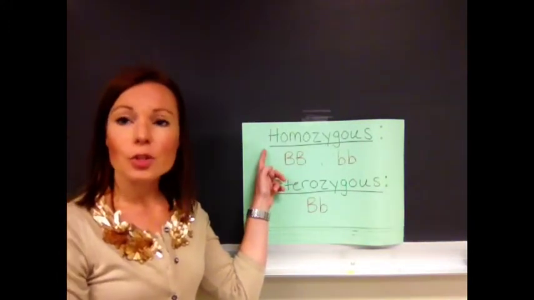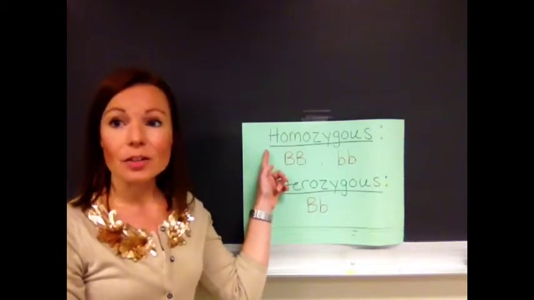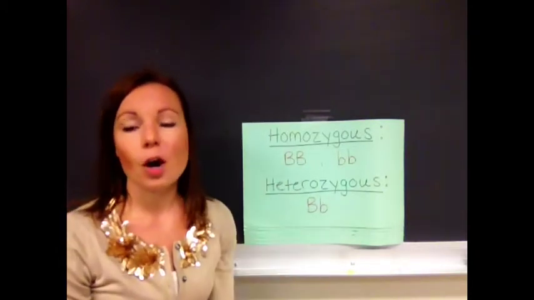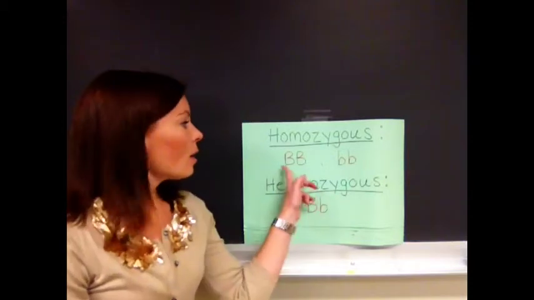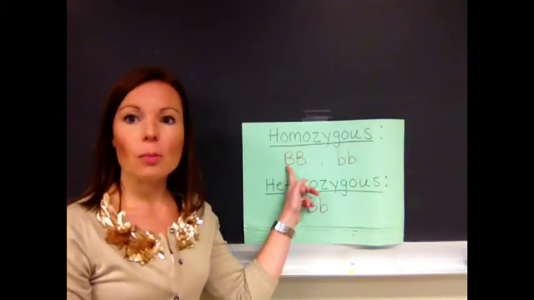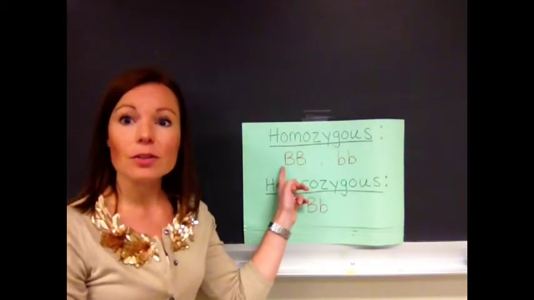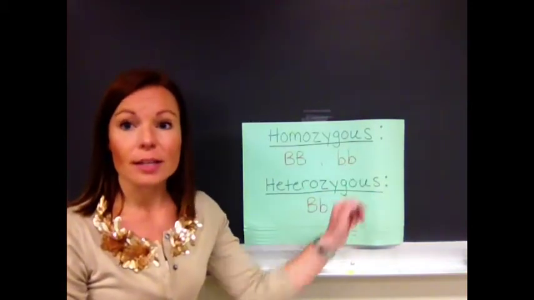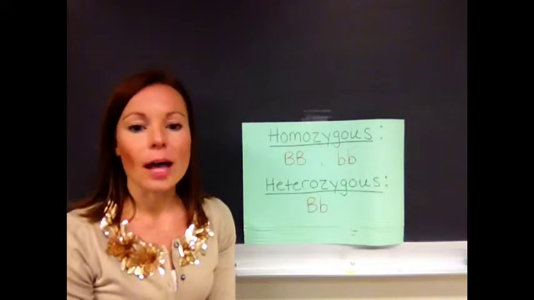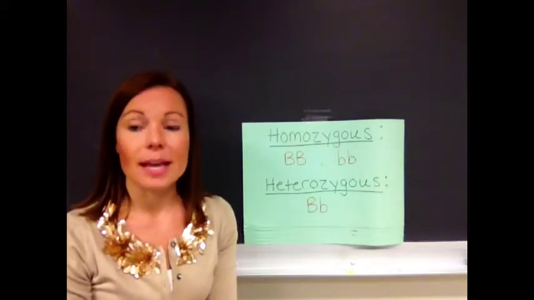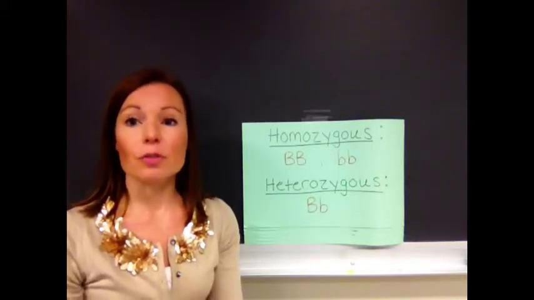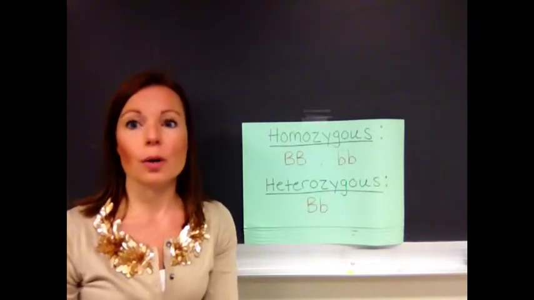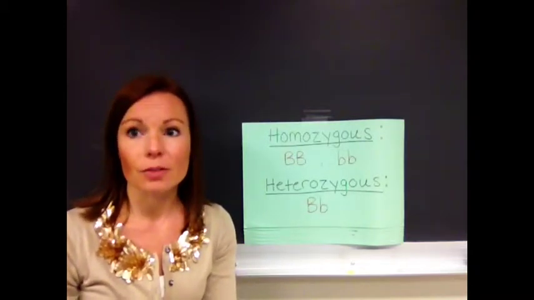If you have two alleles that are identical, they are said to be homozygous. This shows two homozygous dominant alleles, and this shows two homozygous recessive alleles. As long as the alleles are the same, then whatever characteristic they code for will be shown in that individual.